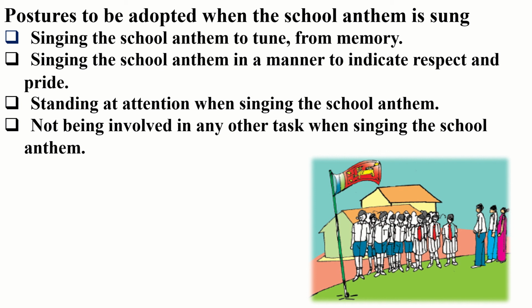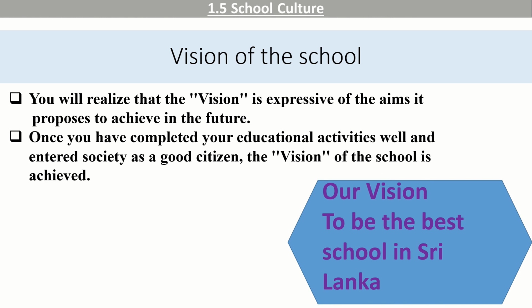My loving children, I think you learned some of the identities of the school. Let's see next: the vision of the school. Every school has a vision. I put here an example: to be the best school in Sri Lanka.